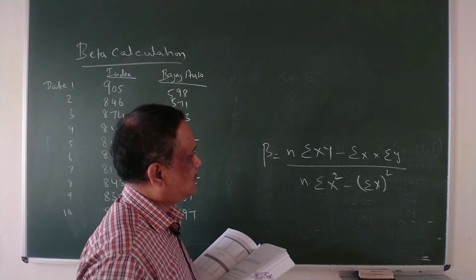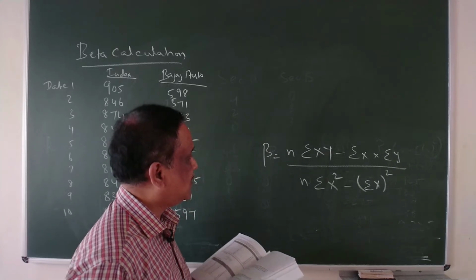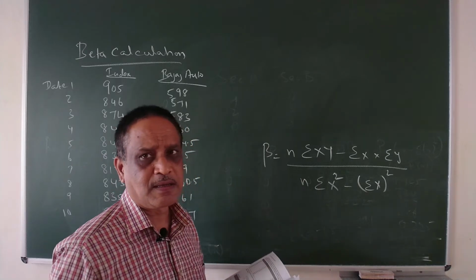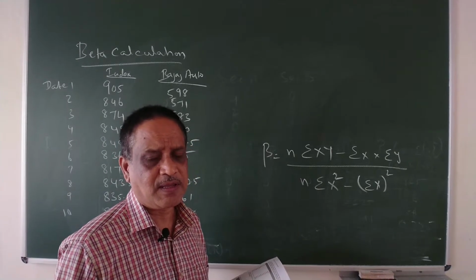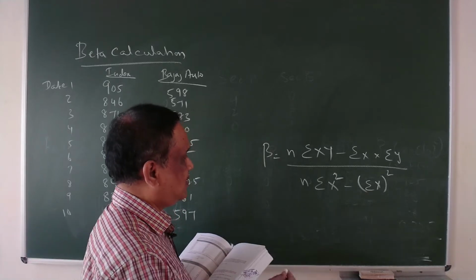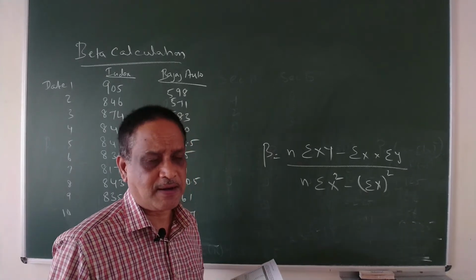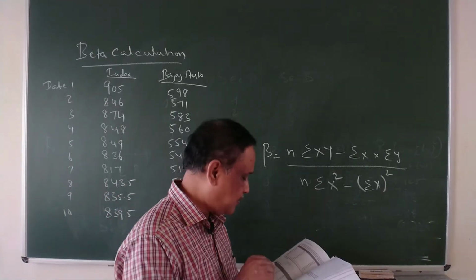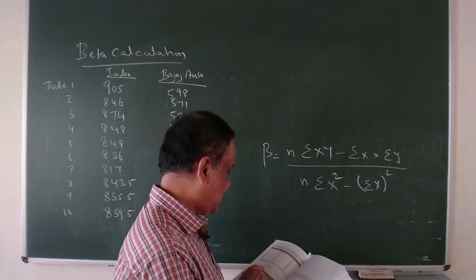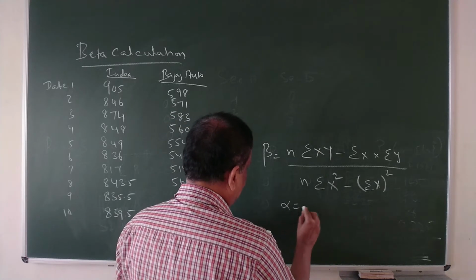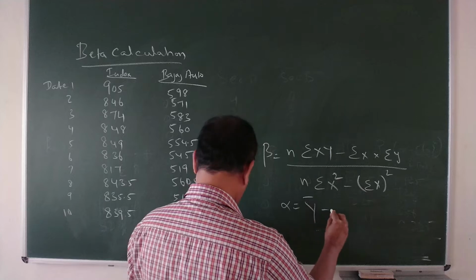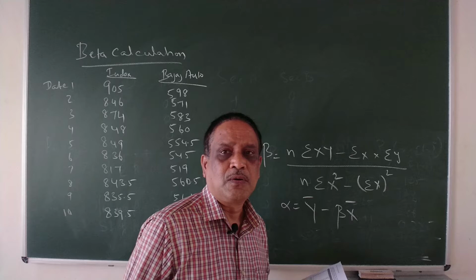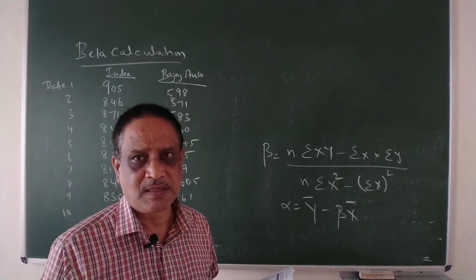Here x is the index return. Please remember carefully, x is the index return, y is the share return. Here they have given an example of the index and Bajaj Auto share, and alpha equals y bar minus beta into x bar. So beta is the slope, alpha is the intercept.